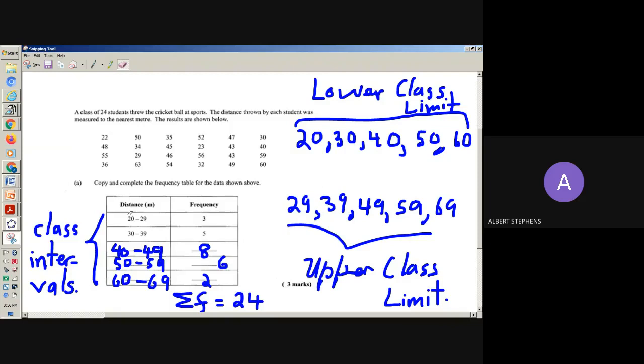So all the numbers on the left column, the 20, 30, 40, are called lower class limit. All the numbers on the right are called upper class limit. And all the numbers are called limits. But each segment is called a class interval.